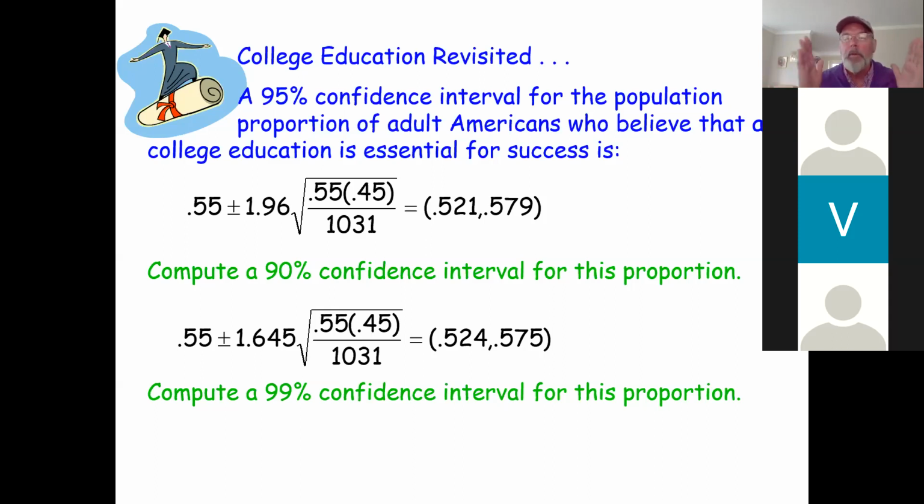It would be more likely that we would capture the population proportion with a 99% confidence, which is very wide, versus a 90% confidence, which would be very narrow.